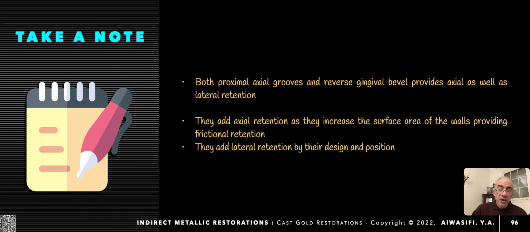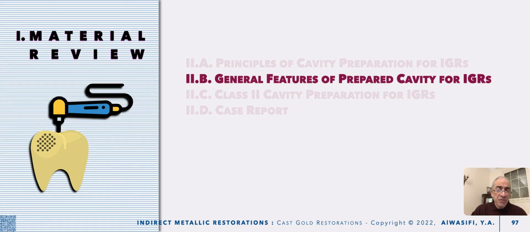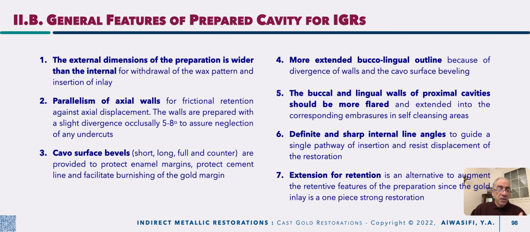frictional wall retention. In general, the general features of a prepared cavity for indirect gold restorations or indirect metallic restoration will be: number one, the external dimensions of the preparation are wider than the internal, to allow withdrawal of the wax pattern and insertion of the inlay without any distortion of the wax pattern, and at the same time easy insertion and seating with minimal friction of your inlay.